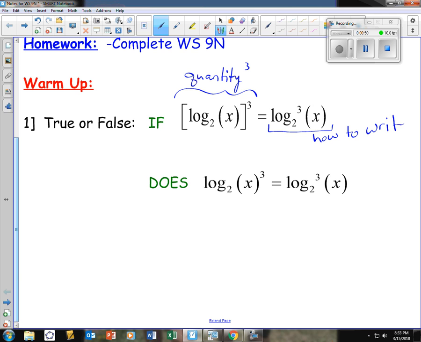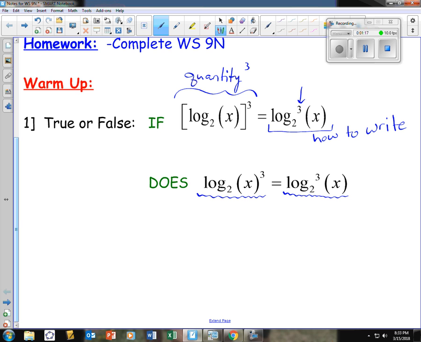So just notice where the cube is. It's right there. That means the log is cubed, not the x part of the log. So, if these two things mean the same, does log base 2 of x cubed equal log base 2 cubed of x?